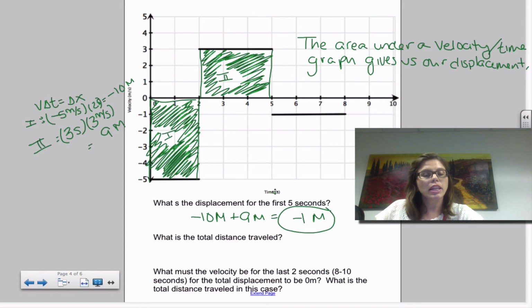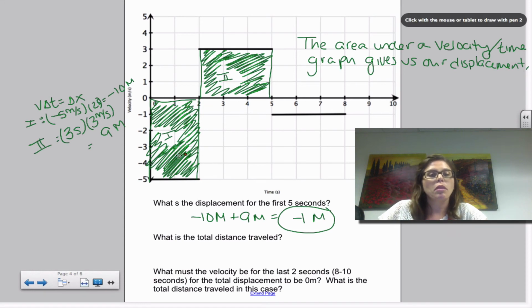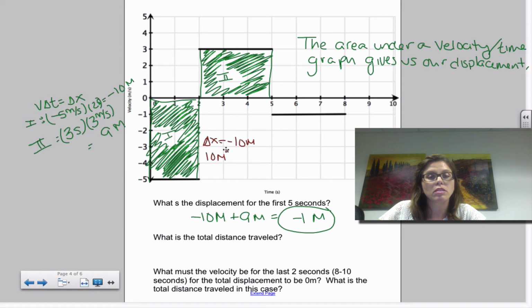Okay, so if we're looking at distance traveled, from part 1, our displacement, our change in x, is -10 meters, but our distance traveled is just 10 meters because it's always just positive. Our displacement and distance in this case is 9 meters because they're both positive. And in this case right here, it's negative. Our displacement will equal -1 times 1, 2, 3, so -3 meters.